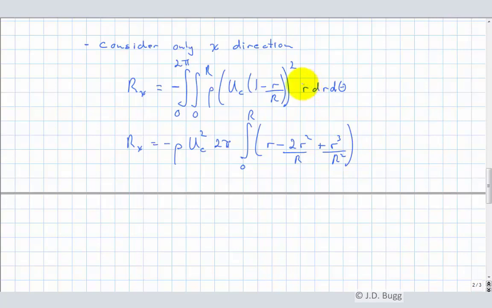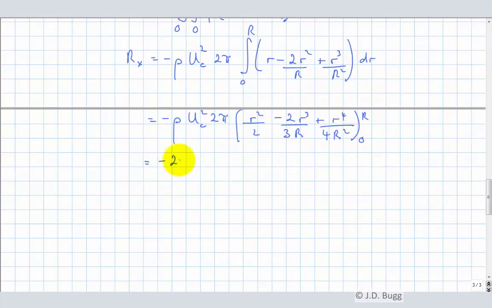And remember, there's an r here as well that I've distributed into there, and dr. So that's equal to minus rho uc squared 2 pi times r squared over 2 minus 2r cubed over 3R plus r to the fourth over 4R squared. That's going to be evaluated from 0 to R.